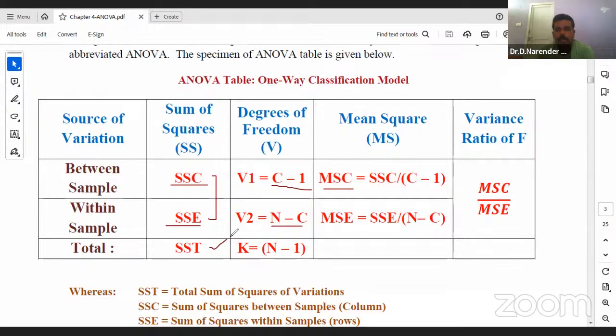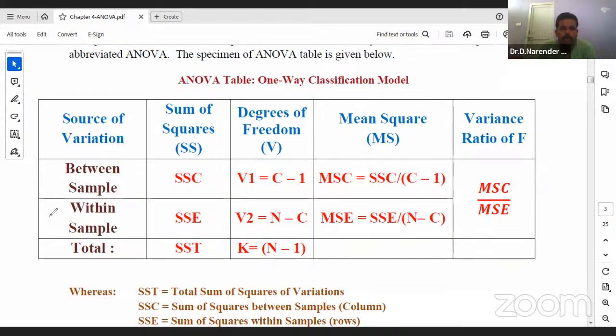The next one, this MSC value divided by MSE, we call it F, the variance ratio of F. This is the variance between samples divided by the variance within samples. So I think you got complete clarity.